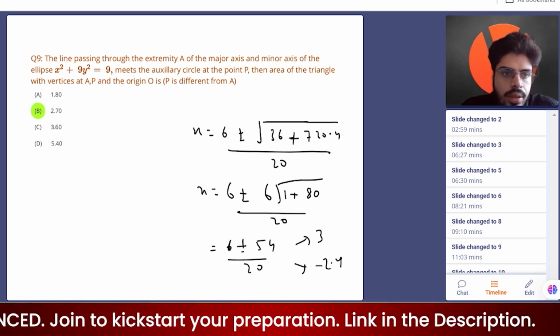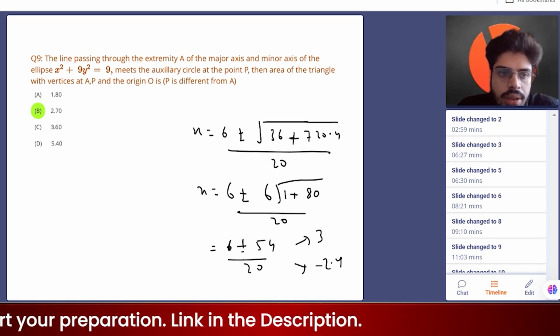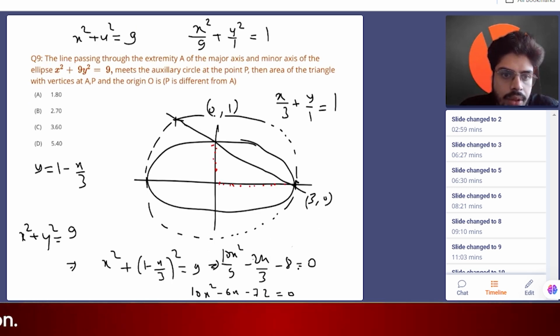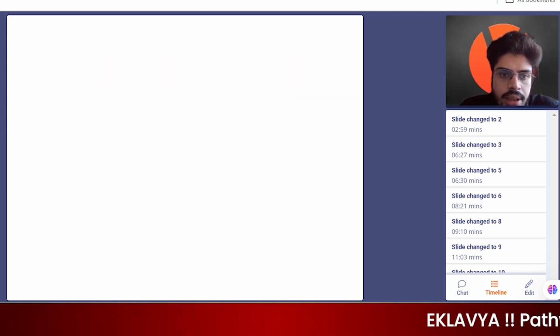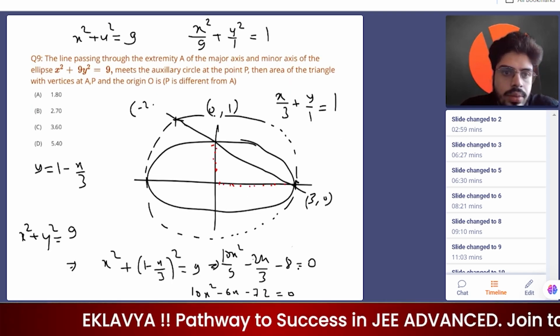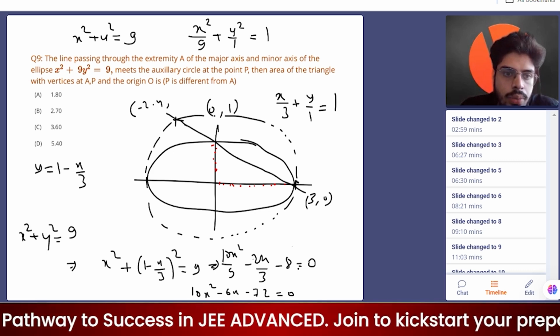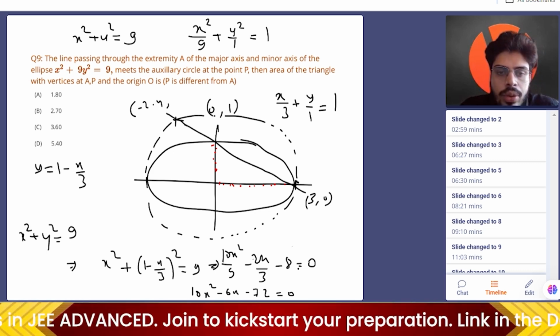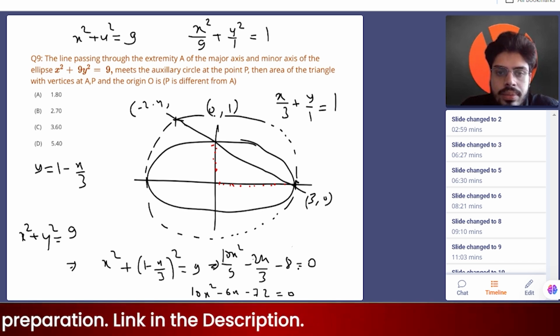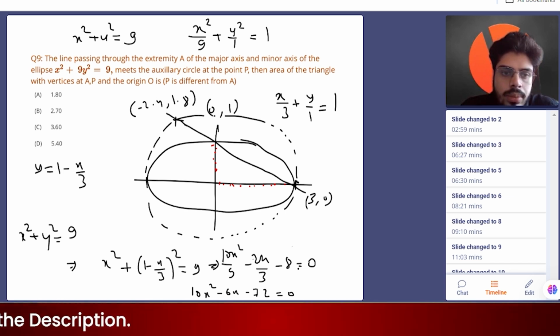Okay, negative 2.4. So then the area of triangle APO. Okay, so this area they're asking. So you got this point's x as minus 2.4. So this point is minus 2.4 comma, if you put the x value minus 2.4 here, you will get 1.8.